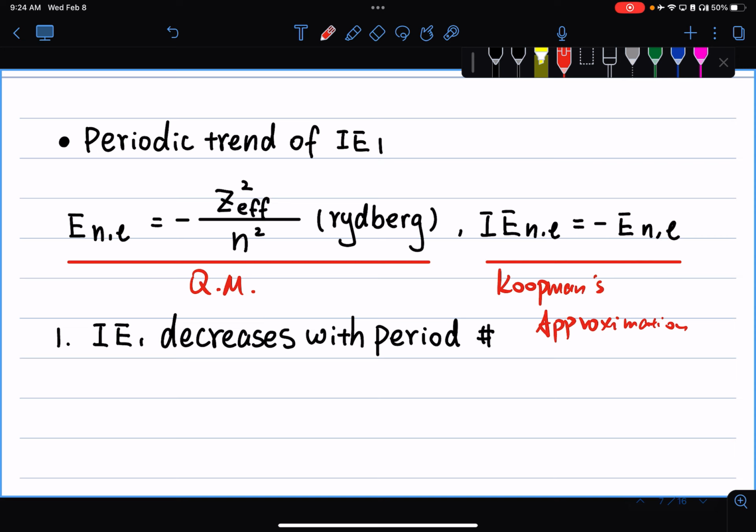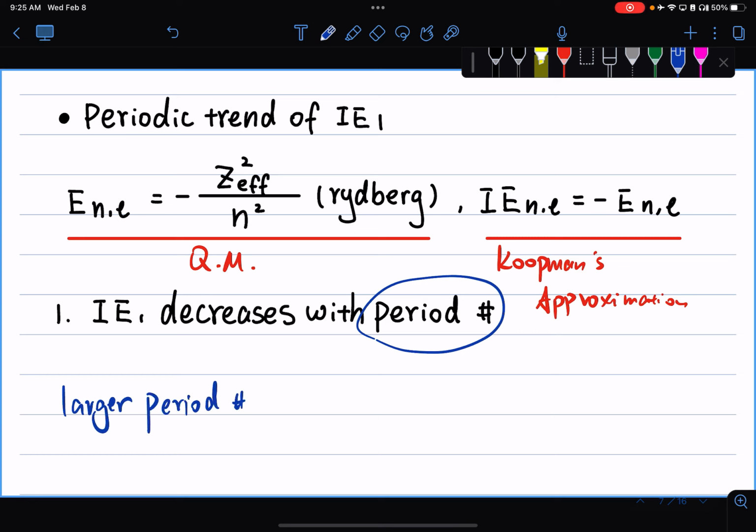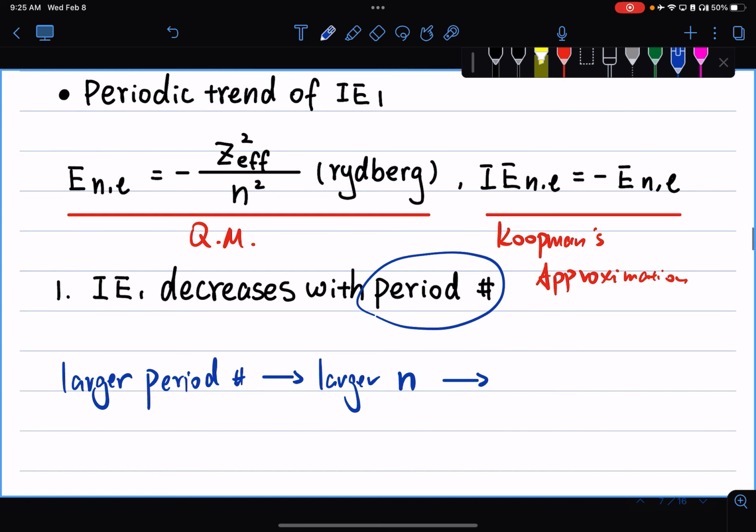And there are several things we know. First thing, with the period increasing, we know that a larger period number gives you a larger n, the principal quantum number. And n is on the bottom of our equation.